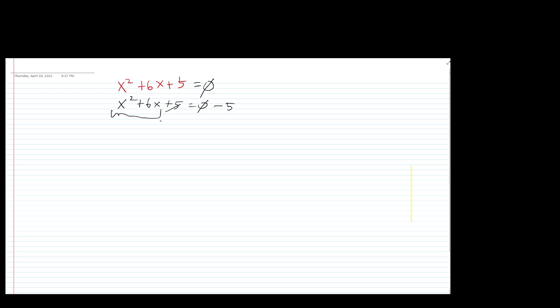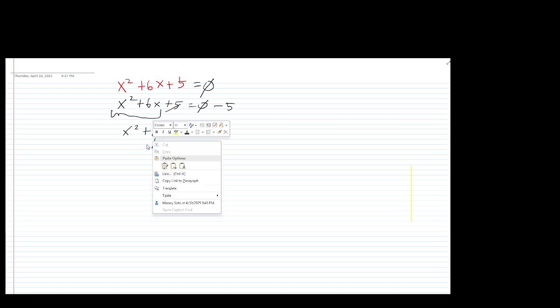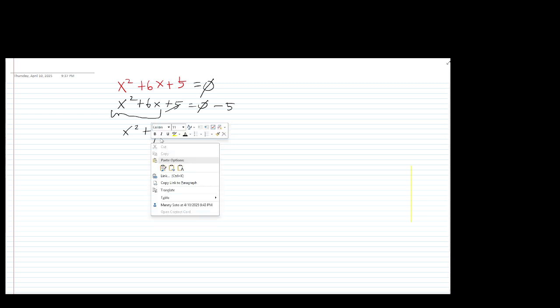now we have x squared plus 6x equals negative 5. Okay, and when you complete the square, you take half of this number, using the coefficient of the variable with a power of 1.